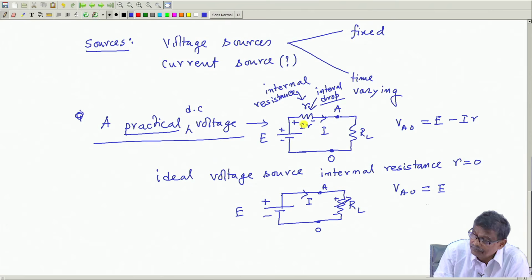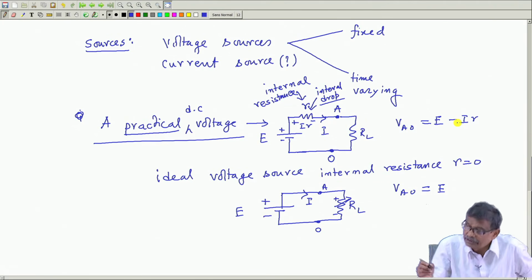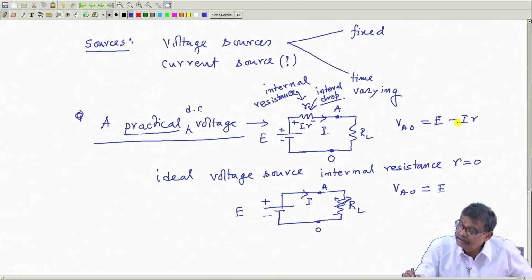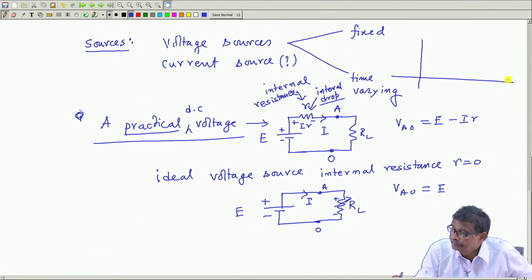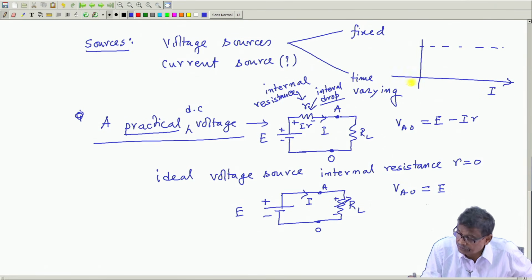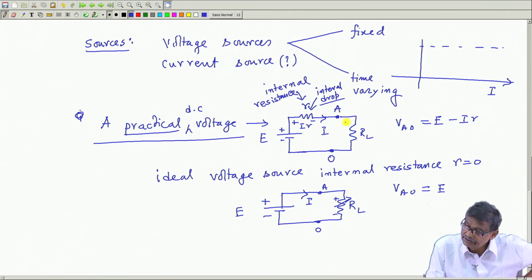But here with internal resistance, there will be internal drop inside the battery, which is a function of current. Therefore, if you draw the characteristics of a practical voltage source against current, when I is 0, that means when this RL is disconnected.